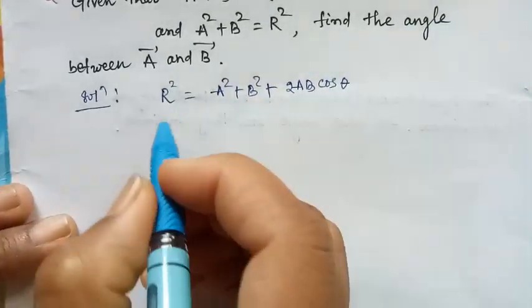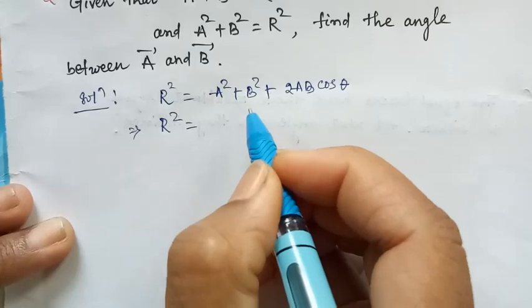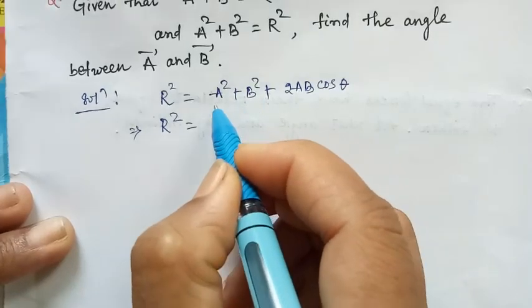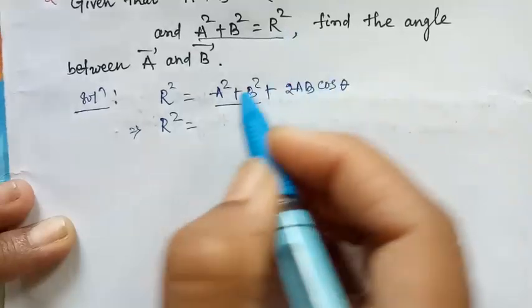In place of A square plus B square, we can write R square, as it is given A square plus B square is equal to R square.